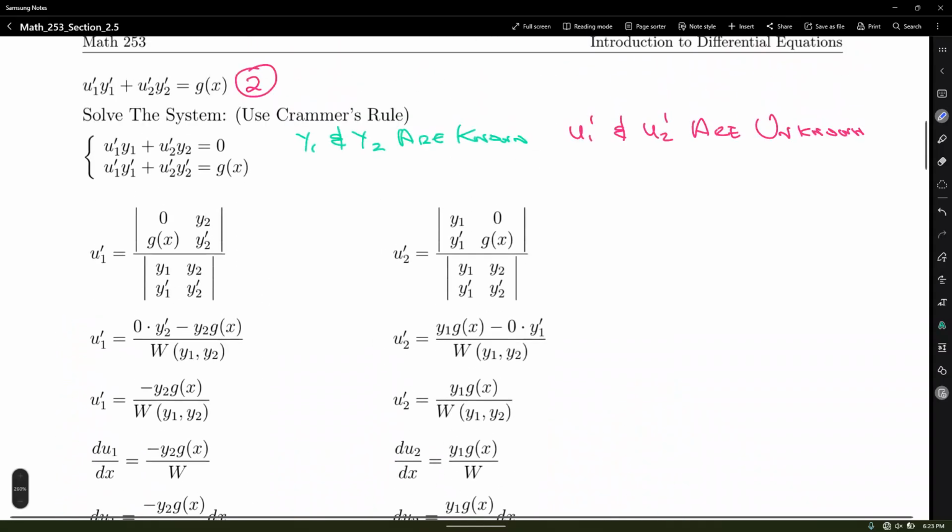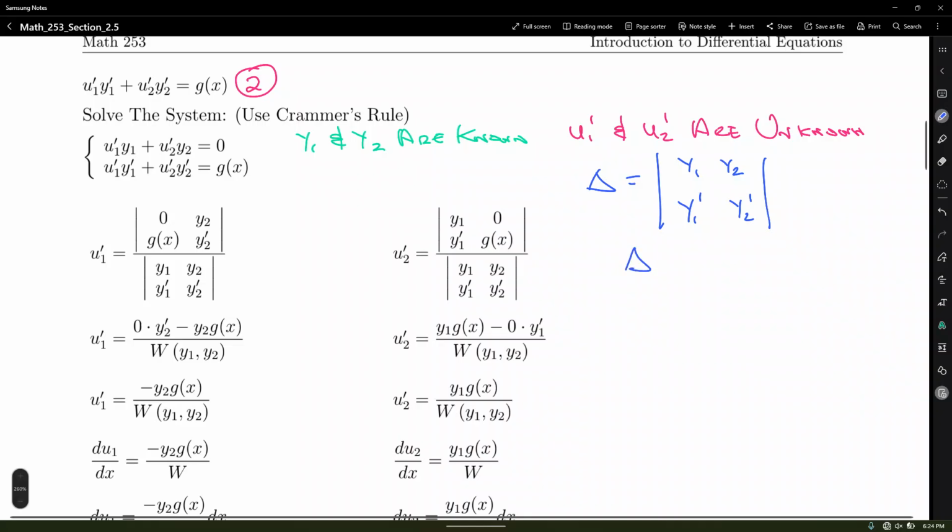So here, our delta, first of all, again, the coefficients, is going to be y1, y2, y1 prime, y2 prime.